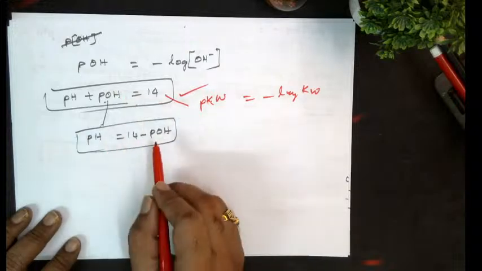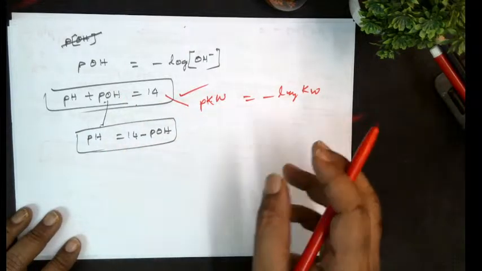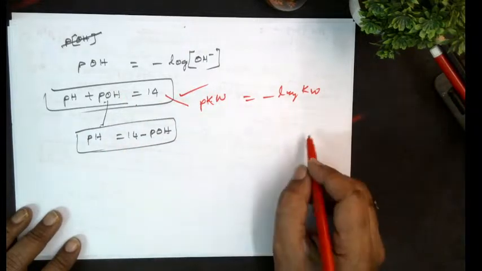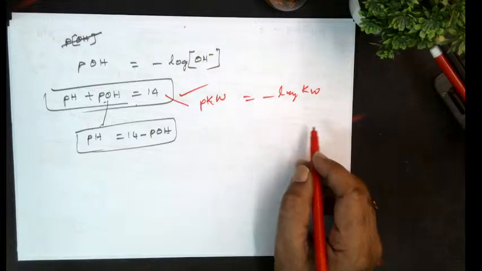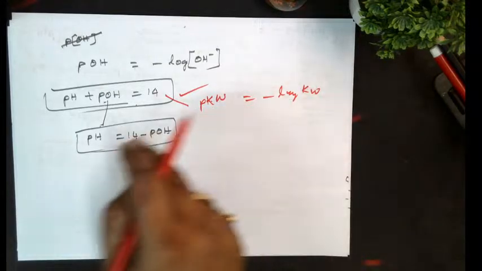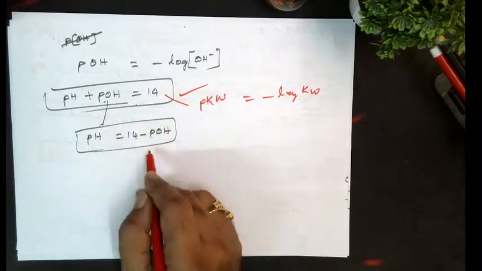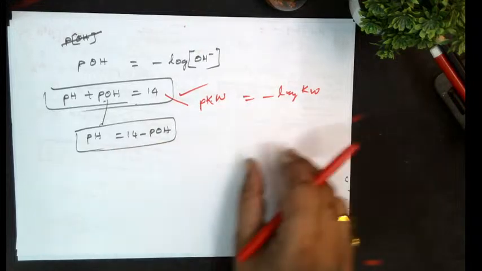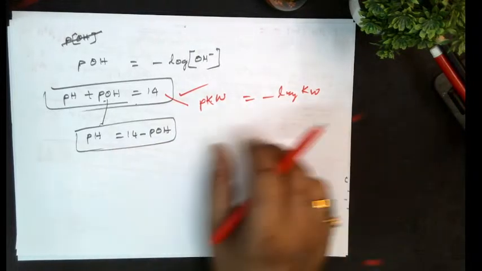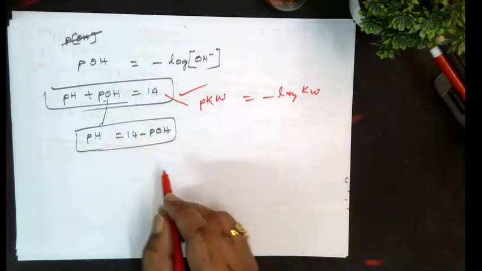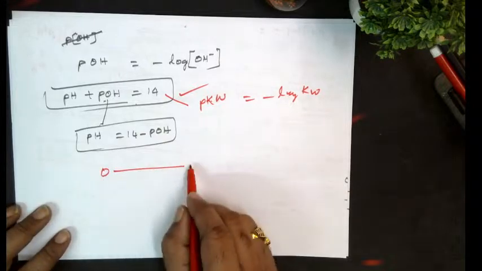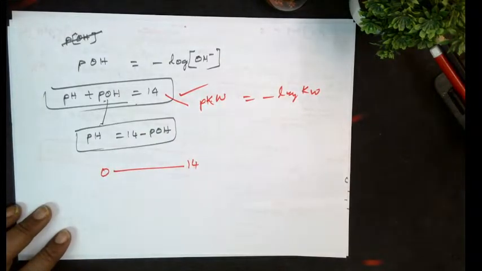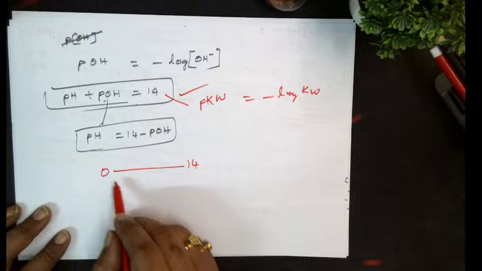So when you get the pOH, because we should get only pH, that should be converted into pH. By using this equation, we can convert the pOH of a base into pH, and that is why we give a single scale as pH only. Are you able to follow? So pH increases from left to right.